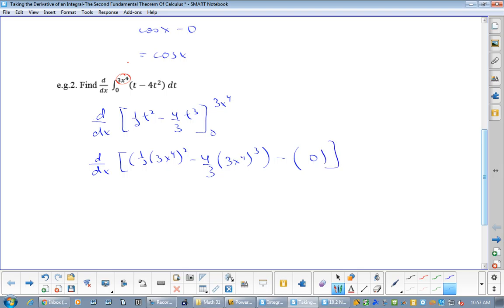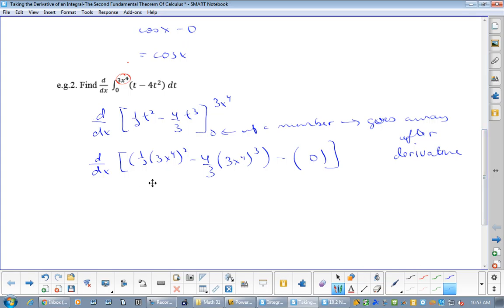But no matter what number you put in, so if the lower limit is a number, it always goes away after you take the derivative, so you really don't have to worry about it much.